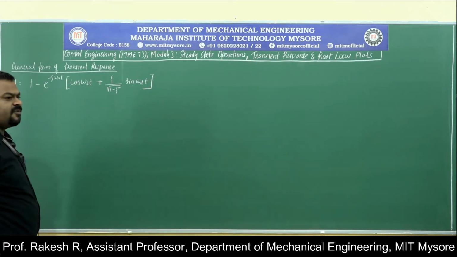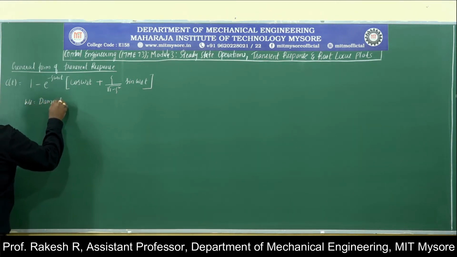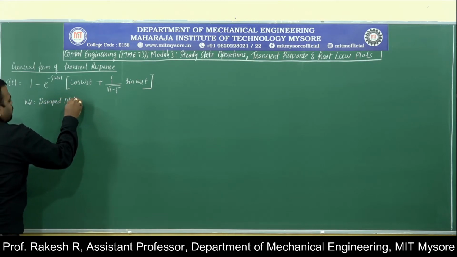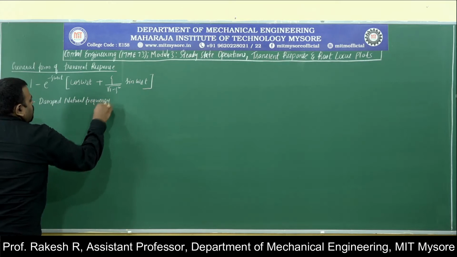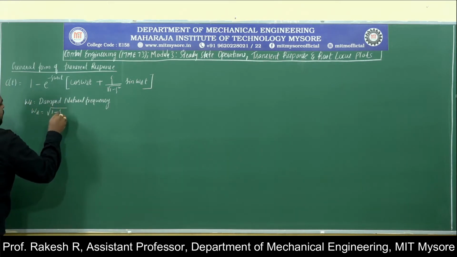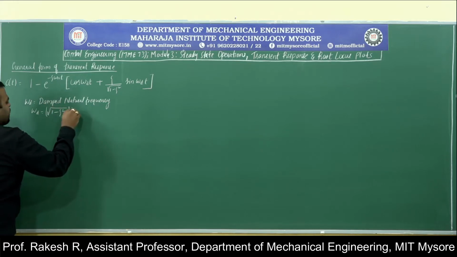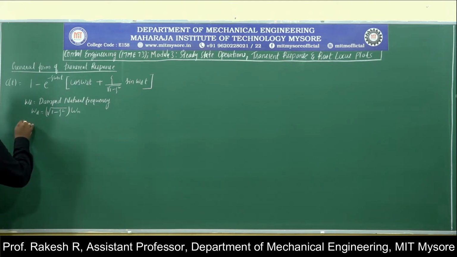So this is the general form of the equation, where omega d is the damped natural frequency. Omega d is given by square root of 1 minus zeta square into omega n, and here omega n is the undamped natural frequency.